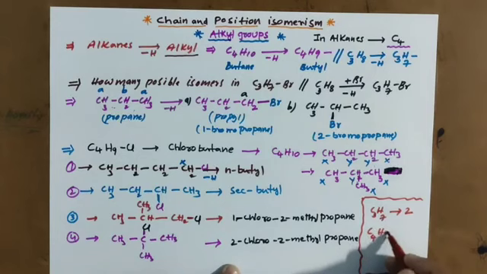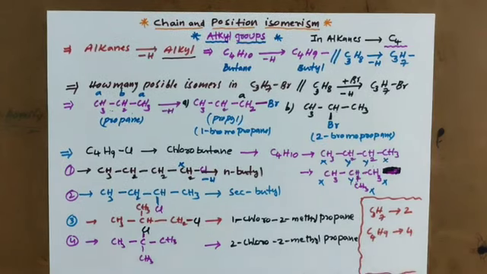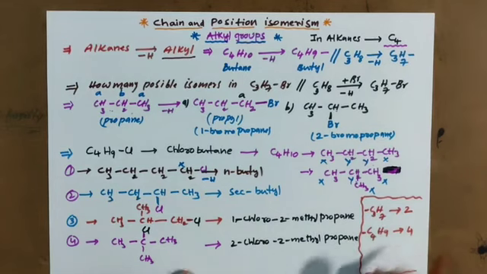Butyl group is there, how many you are getting? 4. This is a trick. And remaining, whatever it may be attached here, whether that may be chlorine, bromine, iodine or alcohol, whatever it may be. Propyl group is there, that is 2. Butyl group is there, that is 4.